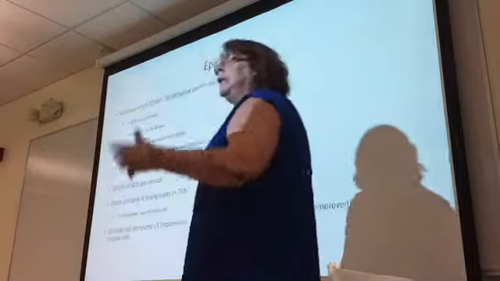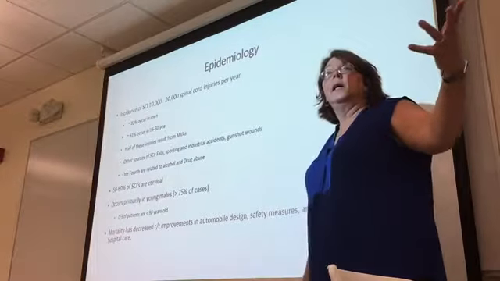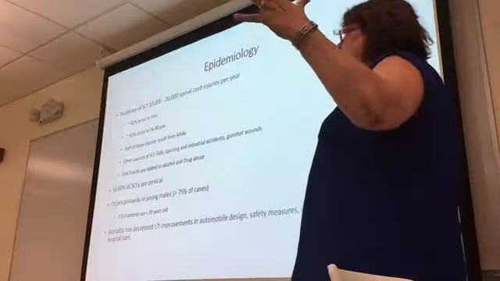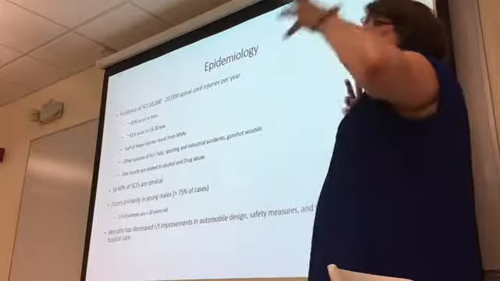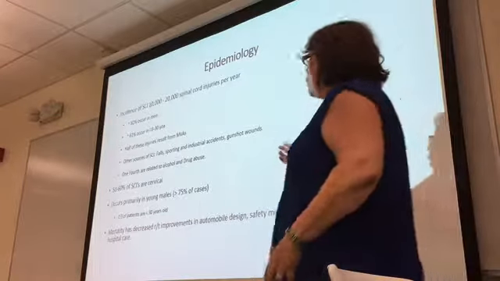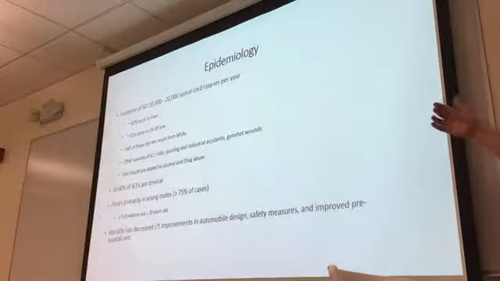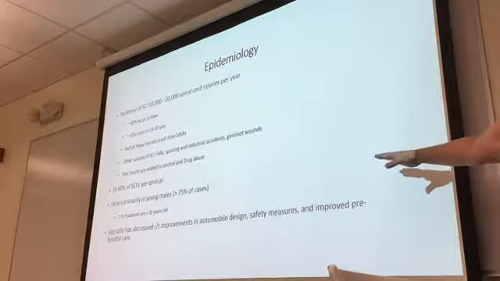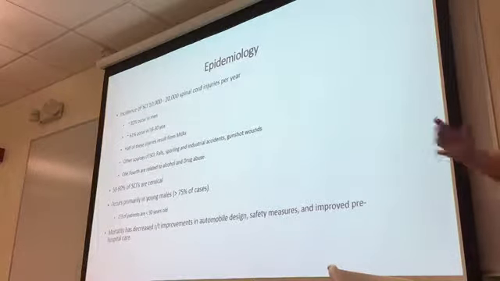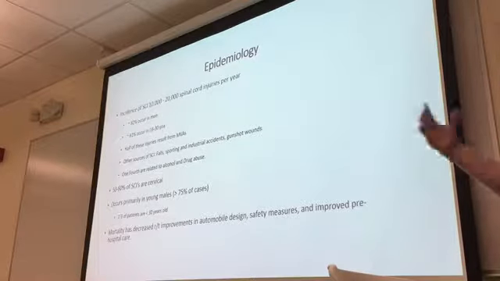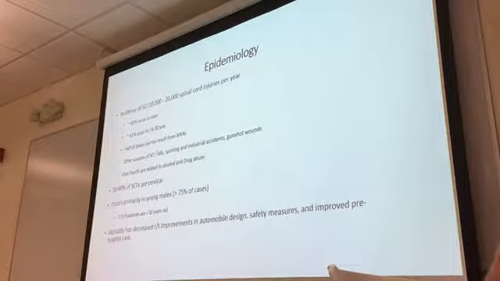Mortality has decreased because now we have airbag deployments everywhere in the car, better equipment for sports, and improved medical treatment. So people are living a lot longer with spinal cord injury.